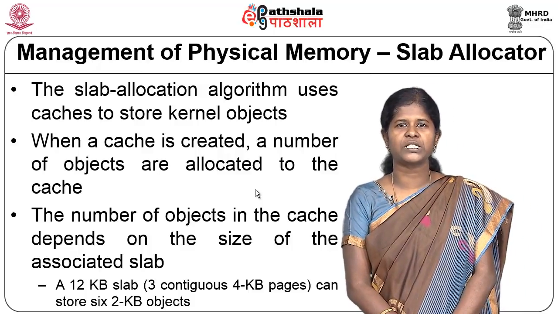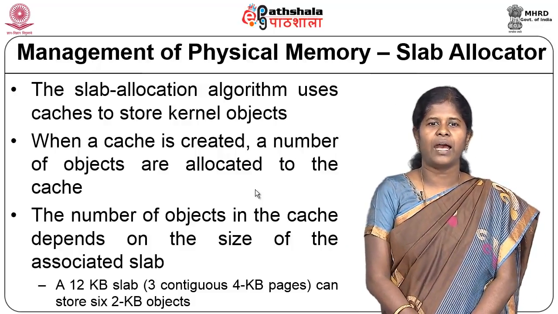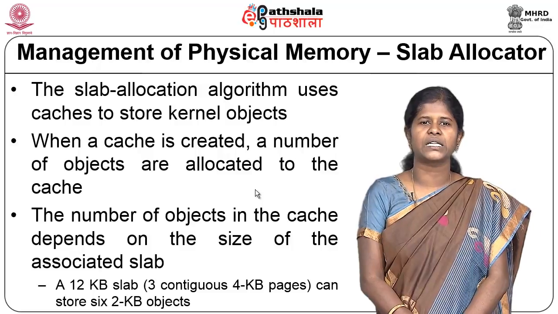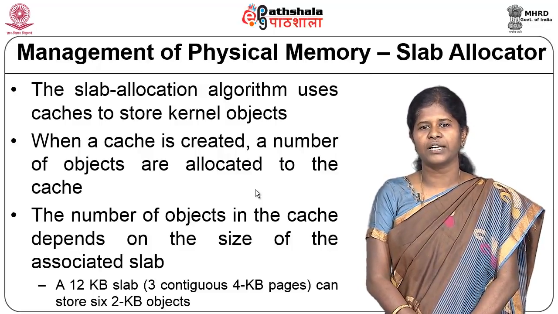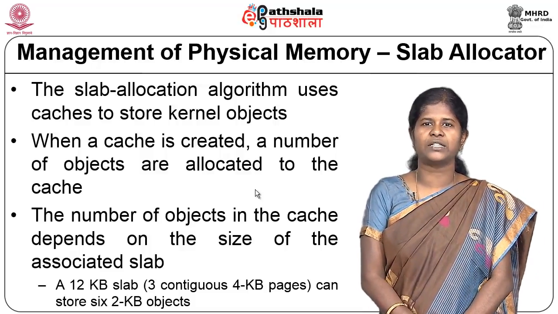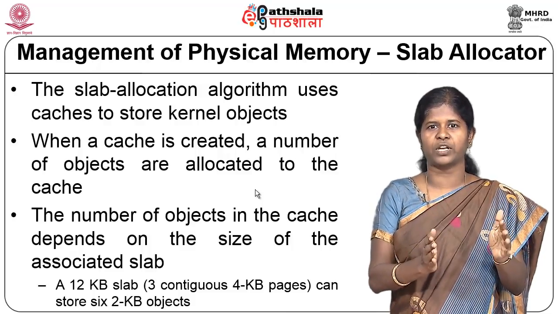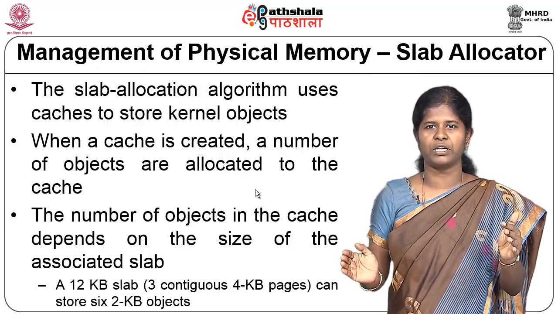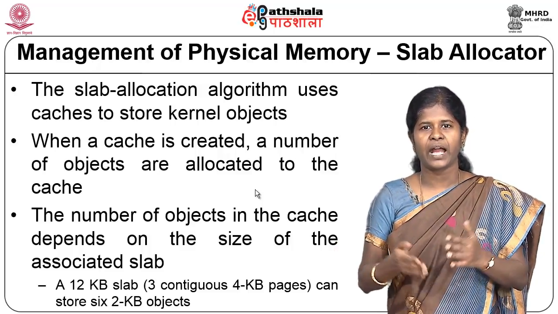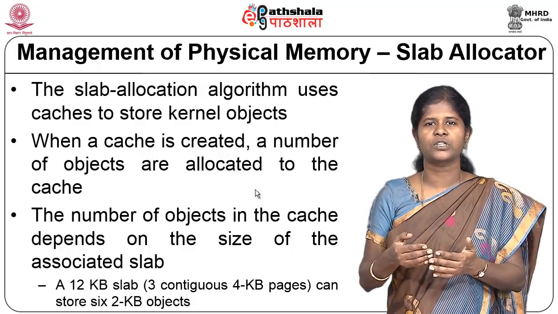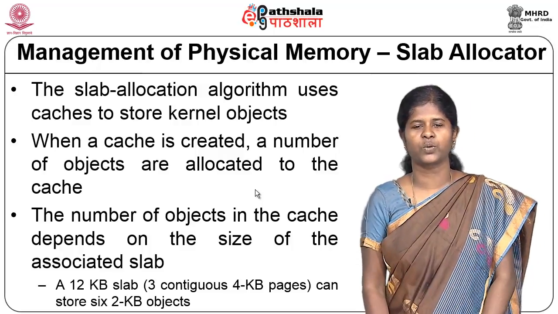The size of the object is 2 KB, the size of the slab is 12 KB, and hence you can store 6 such objects in this slab. Three contiguous 4 KB pages are put together to form a slab of 12 KB, and in it you will put 6 objects, because each object is of size 2 KB.